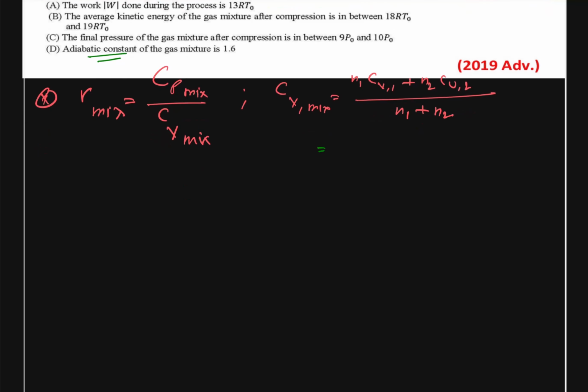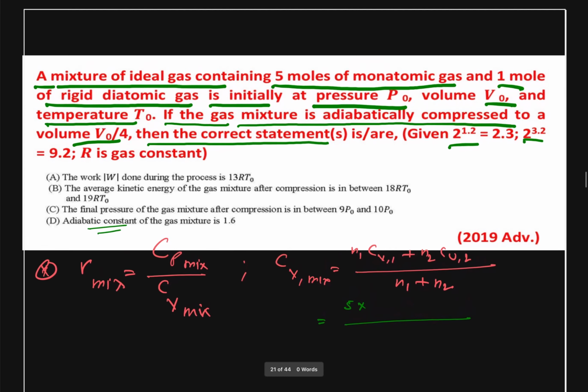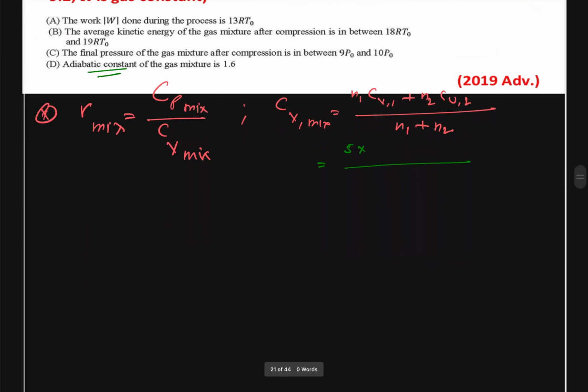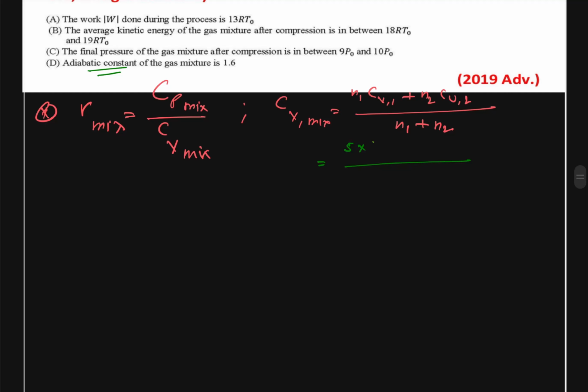This will be our 5, and the first one is our 5 moles monoatomic, so that comes as 3 by 2 R, plus the second one is 1 mole and is our diatomic, so that will be 5 by 2 R, divided by 5 plus 1.